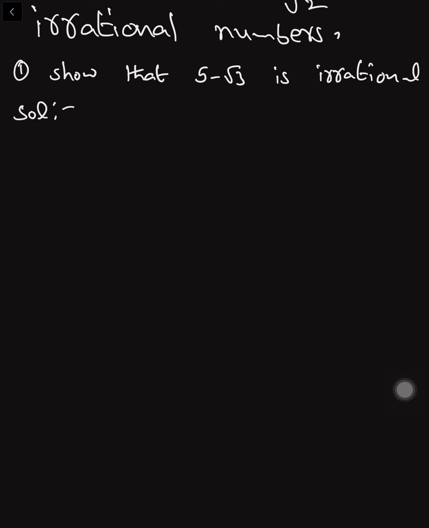Here 5 is a rational number, root 3 is an irrational number. So their difference is an irrational number. How can we find this? In this method, we use the contradictory method. This means you can assume 5 minus root 3 is a rational number.